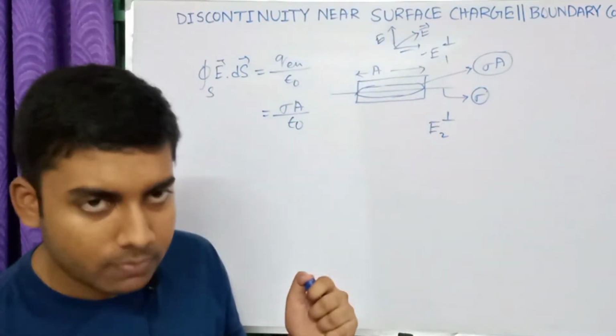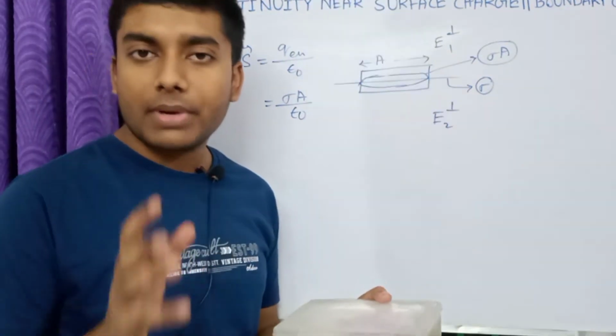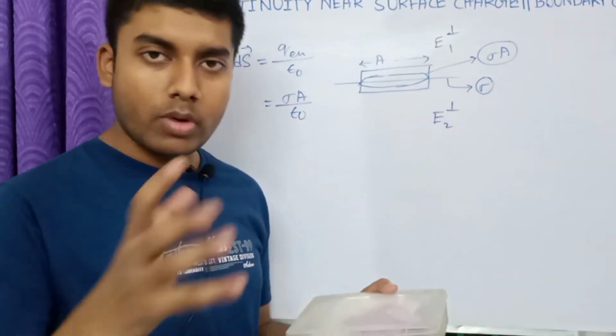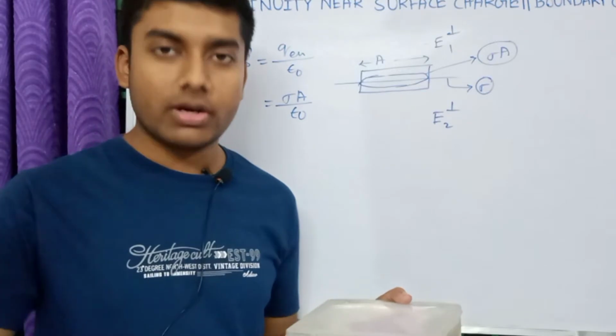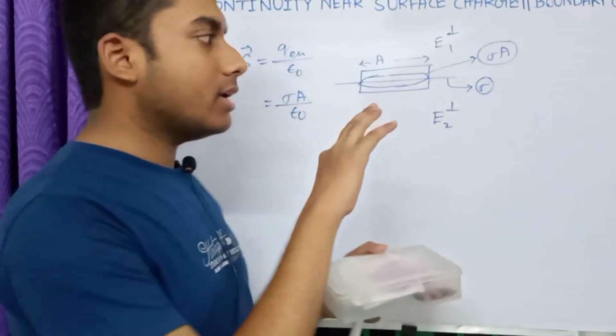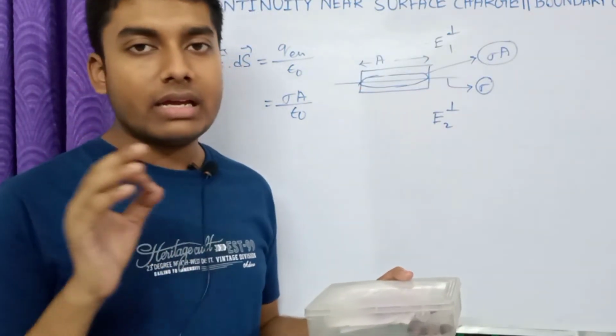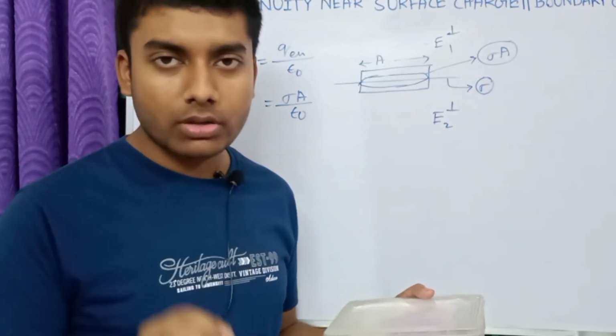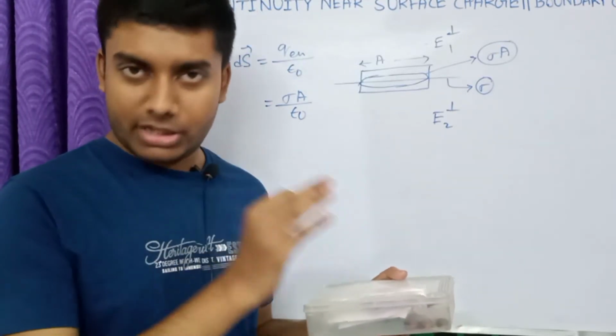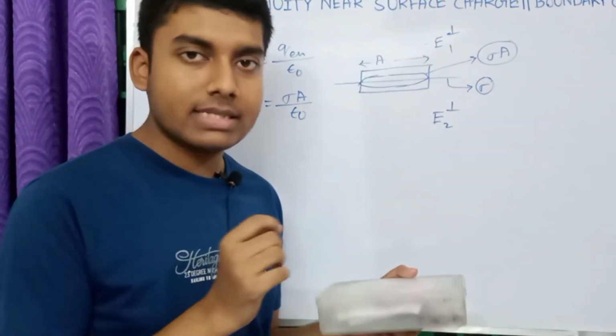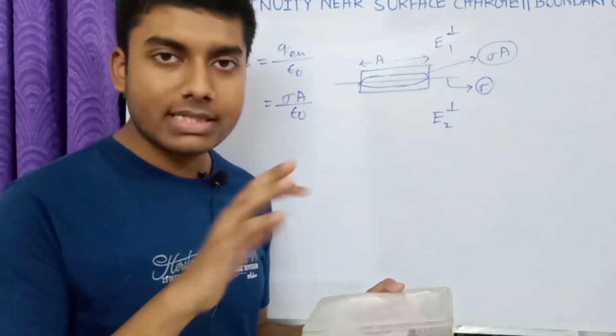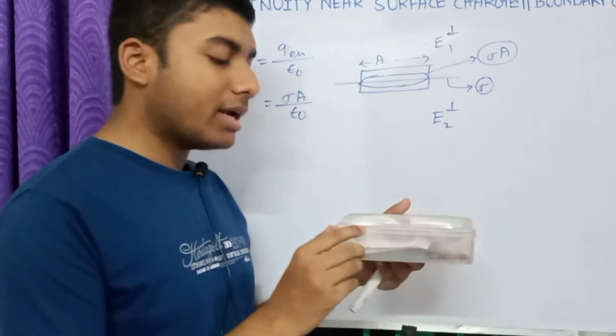Now for the perpendicular component of electric field, you can easily understand that E dot ds means magnitude of E times magnitude of ds times cos theta, where theta is the angle between them.